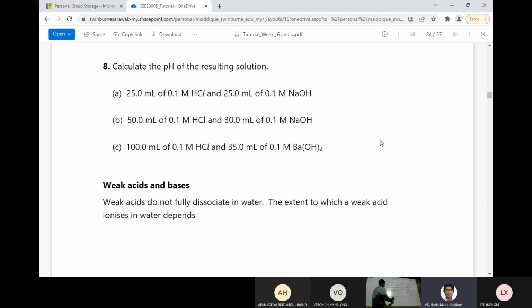And again, we have to consider the 35 milliliter and 100 milliliter. So altogether, when we are going to find out the hydrogen ion concentration, the total volume will be 135 milliliter. And that is how we will find hydrogen ion concentration.